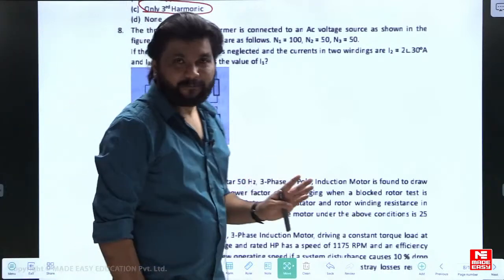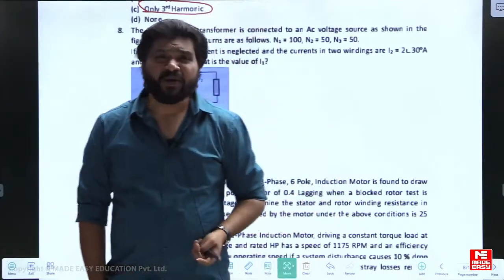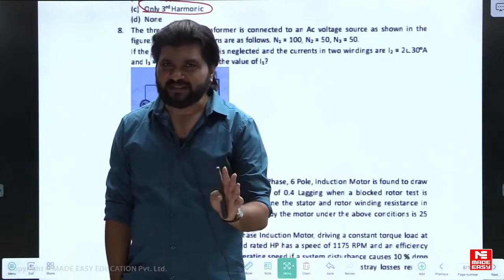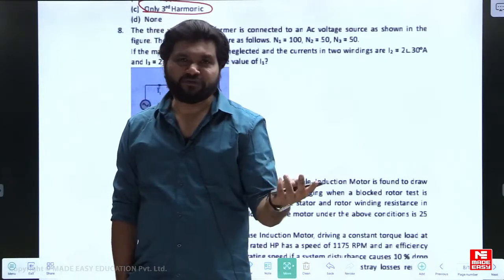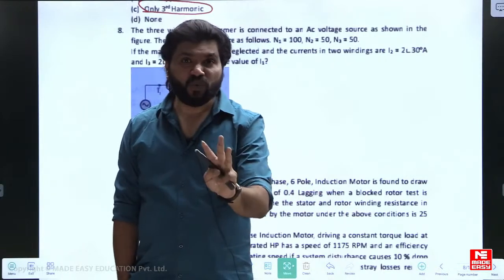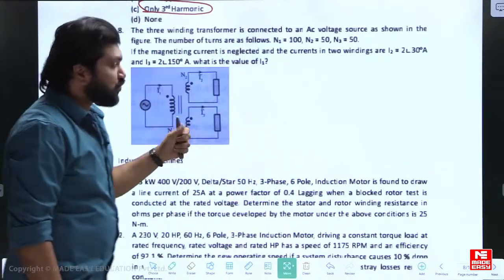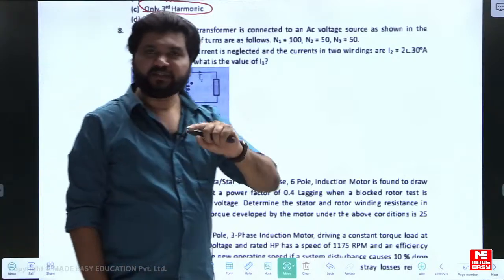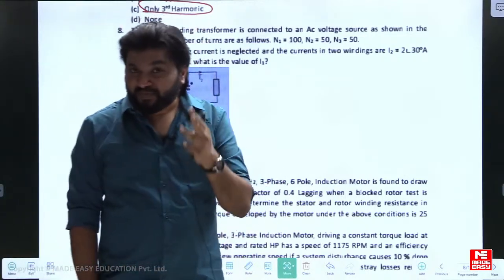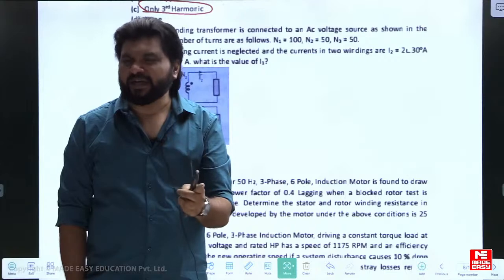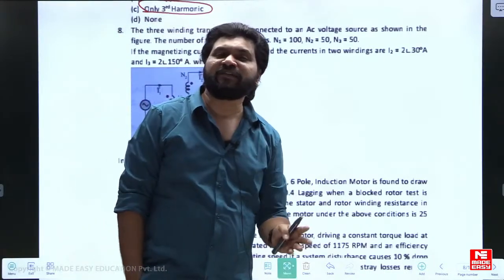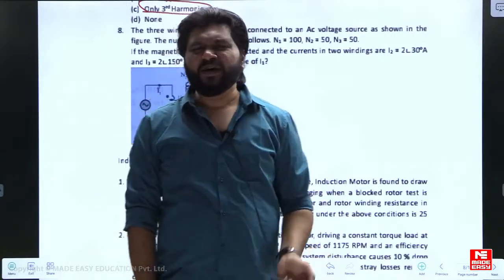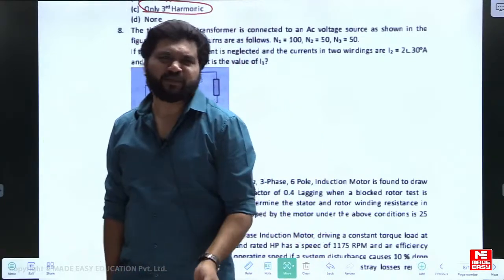I'm sorry, I'm repeating. There was a doubt why there is no fundamental current, or why there is no fifth or seventh, only why third we are focusing. In the previous case, only third harmonic, why? There is a reason. If you take three-phase nature, fundamental, fifth or seventh, they all have a basic three-phase nature. What is three-phase nature? 120-degree time displacement.